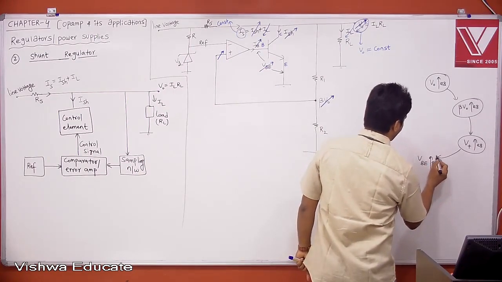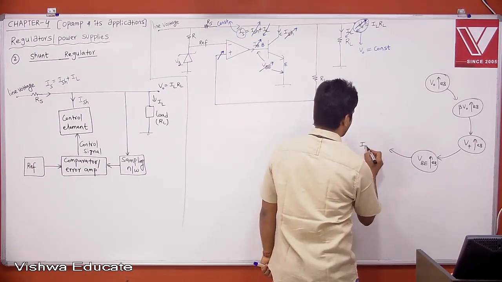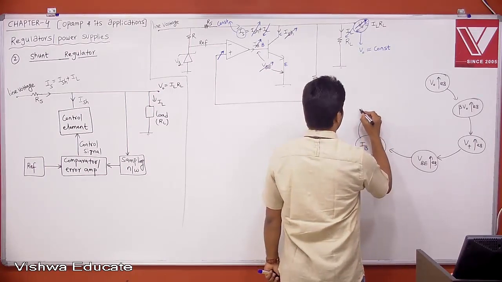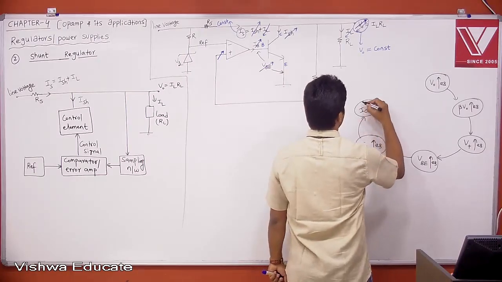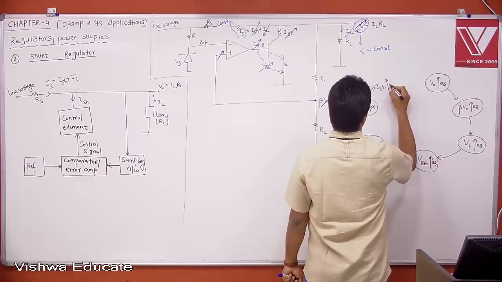When VBE is increasing, what about your base current? Your base current also increases. When base current is increasing, what about your collector current? Your collector current also increases. When collector current is increasing, that is nothing but your shunt current. Your shunt current also increases.